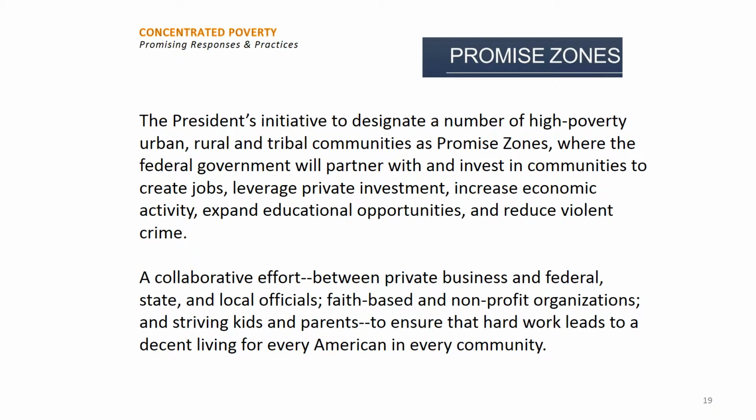The Promise Zones are a dedicated response to the need to improve neighborhoods, and it's a president's initiative that looks to have collaboration occur between a variety of public and private faith-based organizations, along with community organizations, parents, and students, to ensure that students end up in situations that increase their ability to have decent living and good opportunities for improving their education.